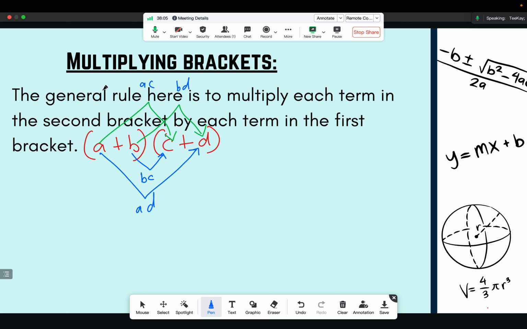So this will give us our answer, which is, let's just combine this: AC plus AD, and then the ones with B: BC plus BD, or you can say BC plus BD, anything you want. You can arrange them in any way you want.